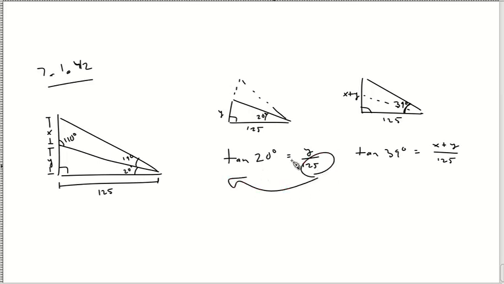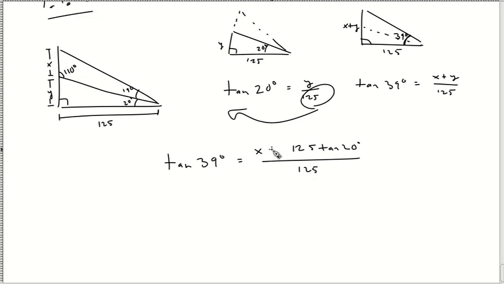So you can solve for Y and then plug it in, solve for X. I'm going to do that, move it over, there's my Y, plug that in. So I've got now a tangent of the 39 degrees equal to X plus, and this is that 125 tangent of 20 right here, then divided by the 125. So solve for X is actually super easy. So multiply this over, move it to the other side.